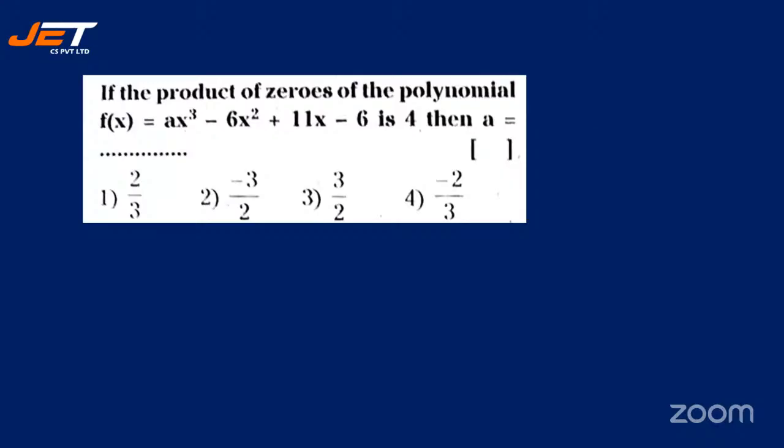See the next question. If the product of zeros of the polynomial f of x is equal to ax cubed minus 6x squared plus 11x minus 6 is 4, then what is a? Is it 2 by 3, minus 3 by 2, 3 by 2, or minus 2 by 3?